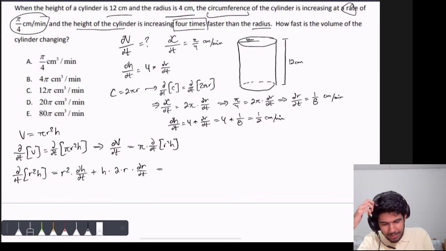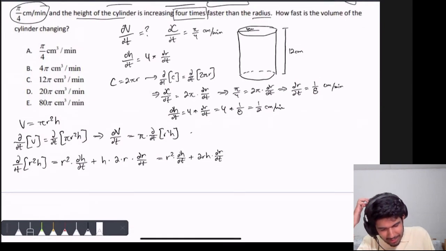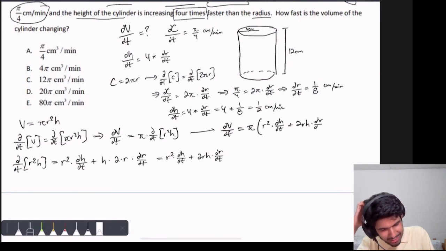So let me just simplify this a little bit. r squared times dh dt plus 2rh times dr dt. So that tells us that dv dt equals pi times this huge quantity, r squared times dh dt plus 2rh times dr dt.